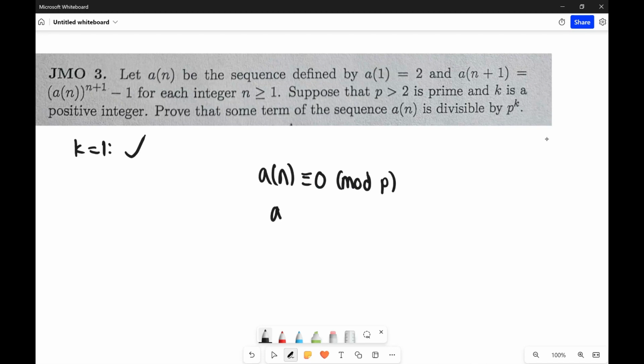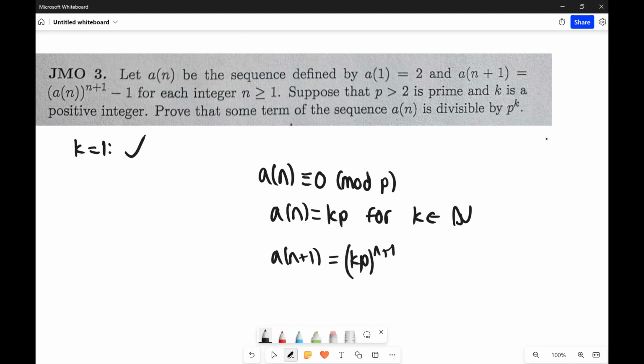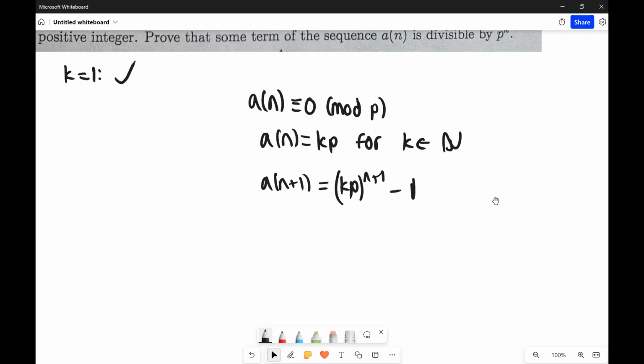Then this means that a(n) = kp for some positive integer k. Then plugging this into a(n+1), we end up getting (kp)^(n+1) - 1. And then plugging this into a(n+2), this is equal to ((kp)^(n+1) - 1)^(n+2) - 1.